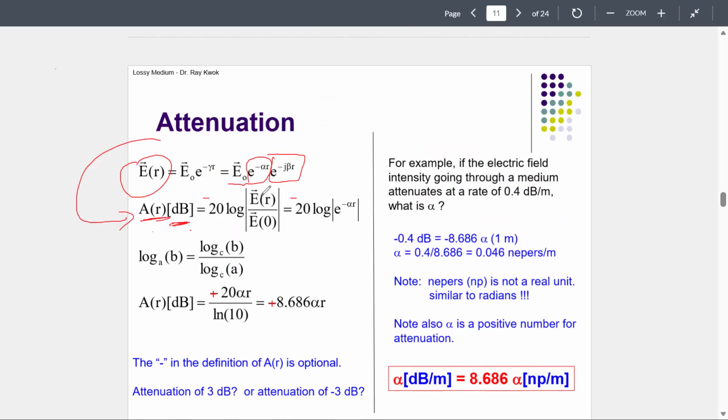I'm taking the electric field at some distance r divided by the electric field at the origin, some reference point. And then take the log and multiply by 20, that will give me dB. Why 20 here? Because this is electric field, not power. The power is proportional to the electric field amplitude squared or the magnetic field amplitude squared, like V squared or I squared.